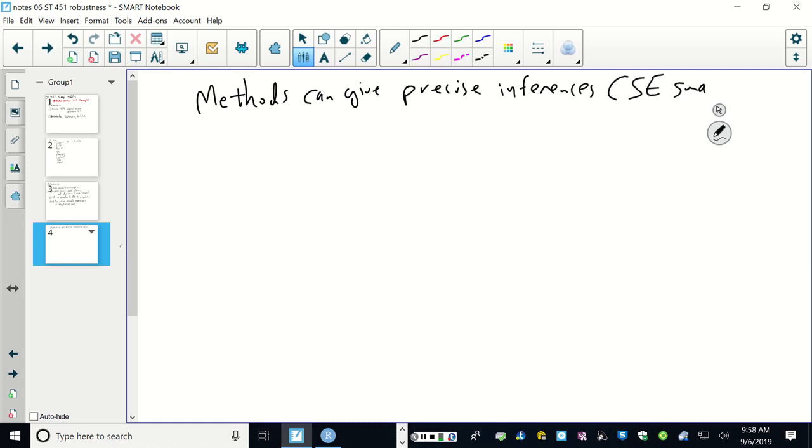So standard errors for estimates can be small, but not be accurate. So you can have bias that's present in there. So even if a method gives you small standard errors and gives you a very precise inference, it doesn't mean that it's really working well.